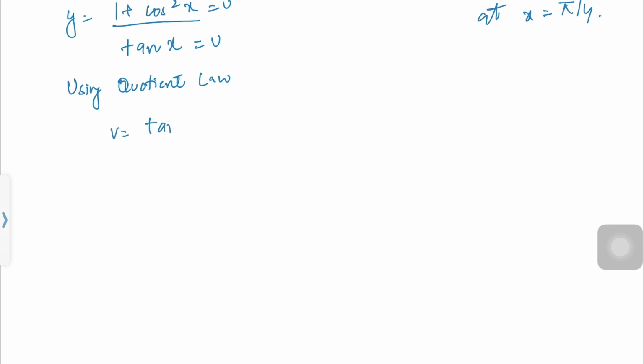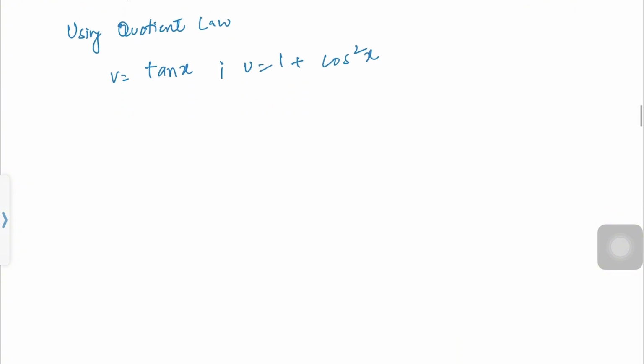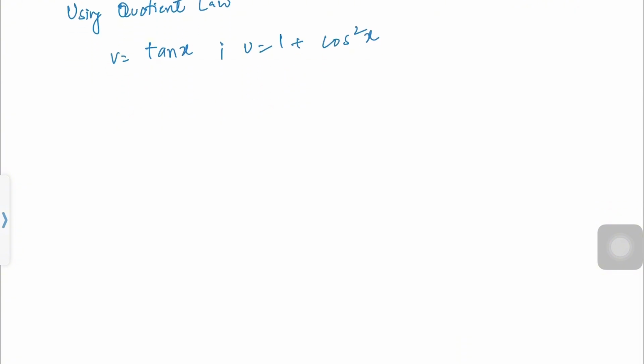So our v will be 10x since it's in the denominator, and our u would be 1 plus cos squared x. So let's solve this. The quotient law states that it is given as v u dash minus u v dash over v square. So this would be written as v is 10x minus 2 sin x cos x.